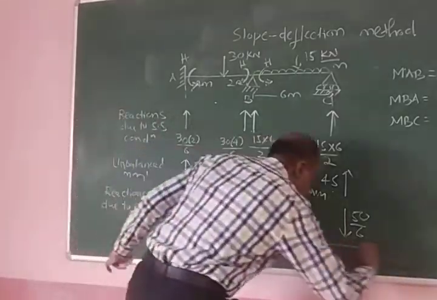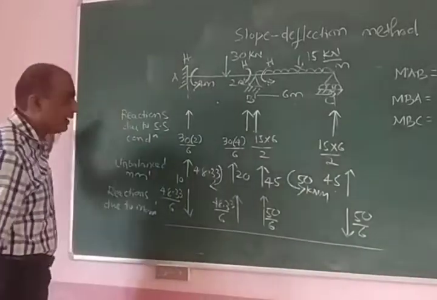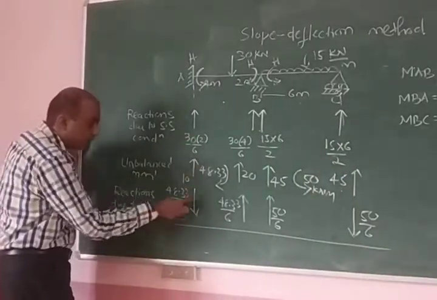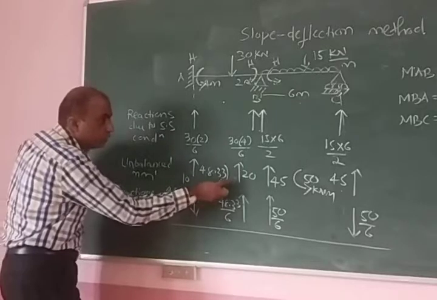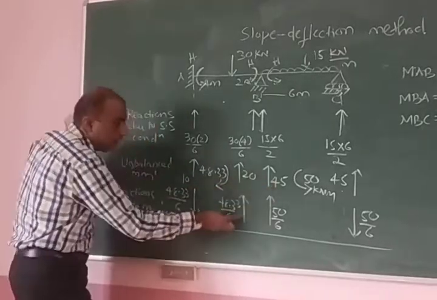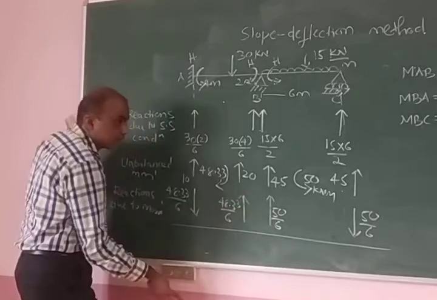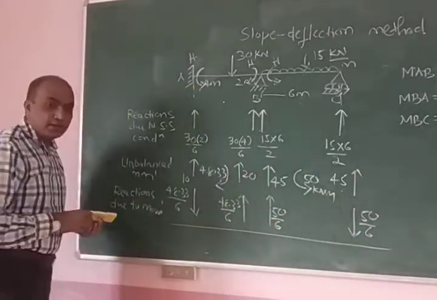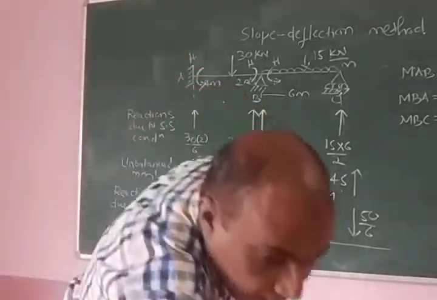Now what we will do is we will sum up all the reactions. This is how much? 10 minus this, 20 plus 45 plus then 45 minus. So when I do this, I am going to get the final reactions that I have already calculated.